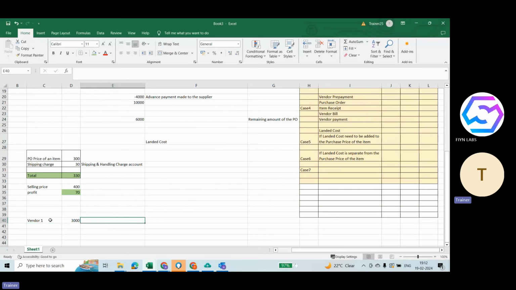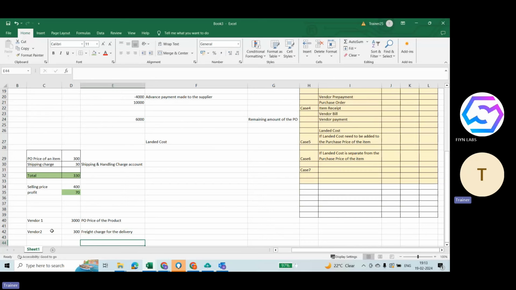So this is your PO price of the product, and vendor one is only worried about this $3,000. Then there is a vendor two. He is charging $300, and this $300 is nothing but a freight charge for the shipment or for the delivery.